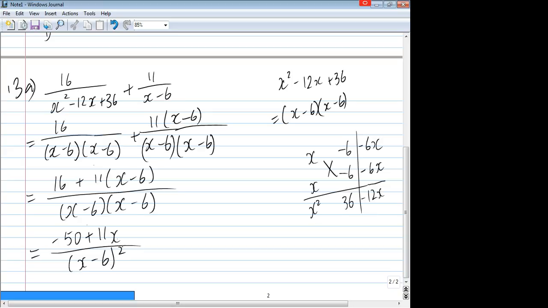Your denominator, you can leave it as x minus 6 squared, you can leave it as x minus 6 times x minus 6, or you can leave it as x squared minus 12x plus 36. They are all okay. So this is my final answer. And this is just your rough working.